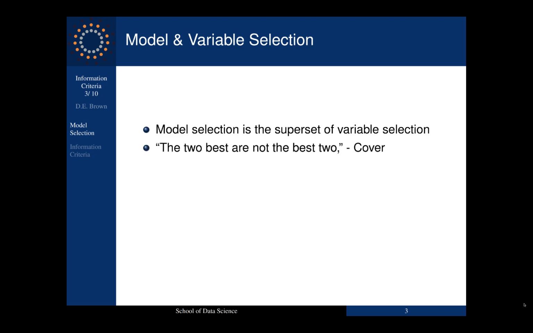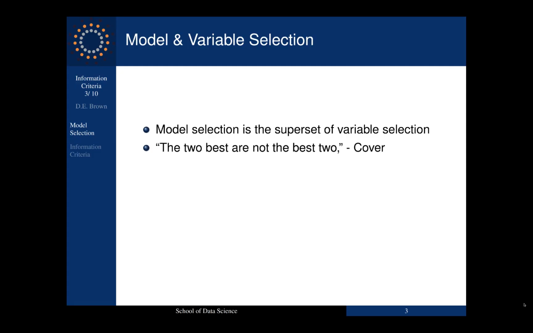There's a great paper that was written some years ago by Cover, and the title for his paper was "The Two Best Are Not the Best Two." And this just indicates that it is very hard for us to do variable selection, much less model selection.